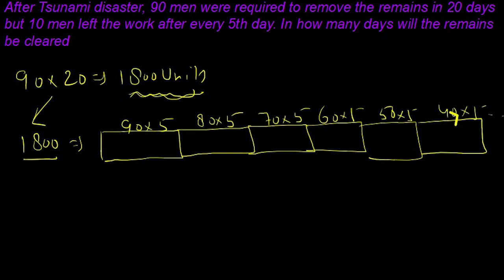So first of all, we need to find how many blocks we need. 19 into 5 is 95, 18 into 5 is 90, 17 into 5 is 85, and 16 into 5 is 80, 15 into 5 is 75, and 14 into 5 is what? 70, and then so on.